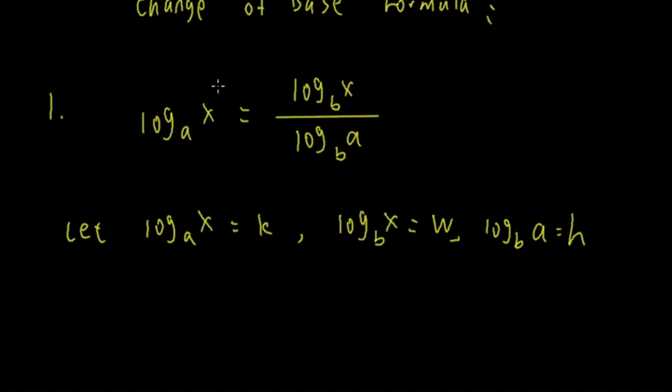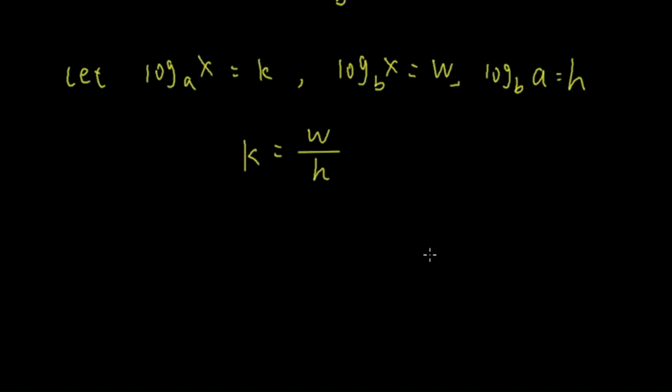What does this mean here? Well, that means this is equal to w over h. So I will replace all this with what I just set those equal to.